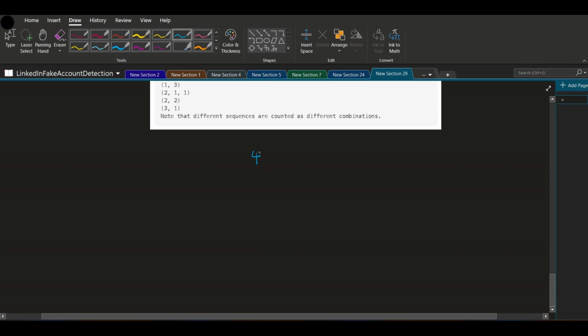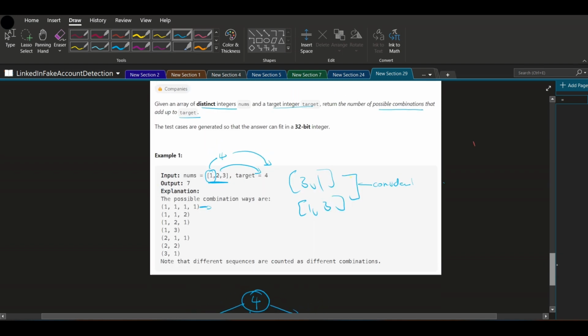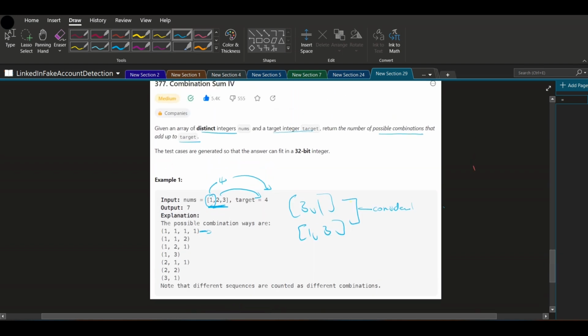We can take the target and subtract from it until we get 0. For instance, we can subtract 1, and we can subtract 2, and we can subtract 3. These are the numbers that we've been given inside the list.